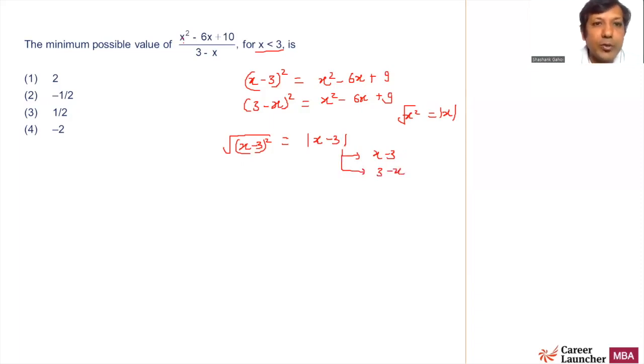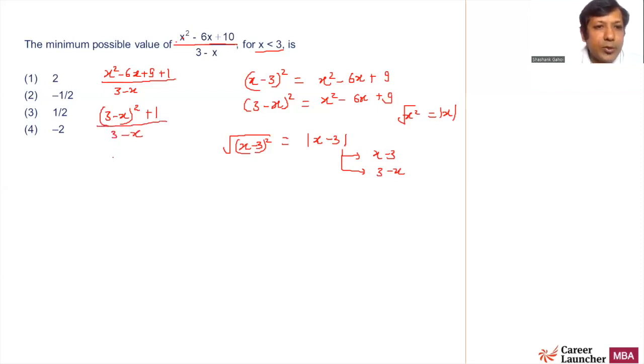So what I'm going to do, I'm going to break the numerator. I am getting x square minus 6x plus 9 plus 1 upon 3 minus x. From here, I get (3 - x) whole square plus 1 upon 3 minus x.